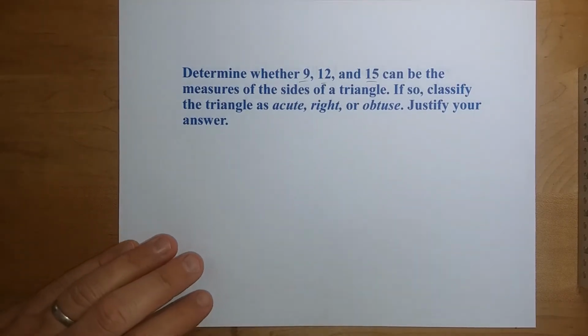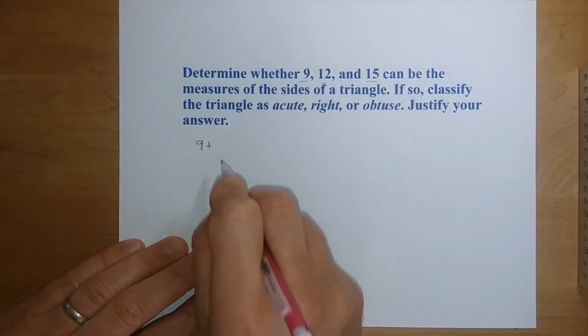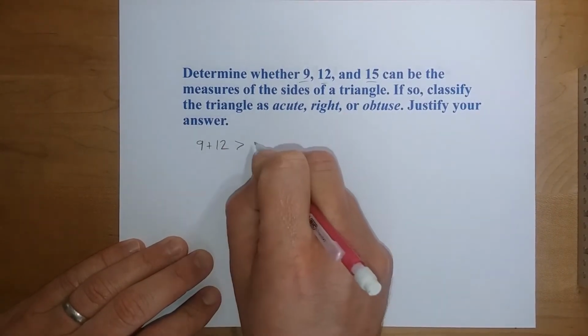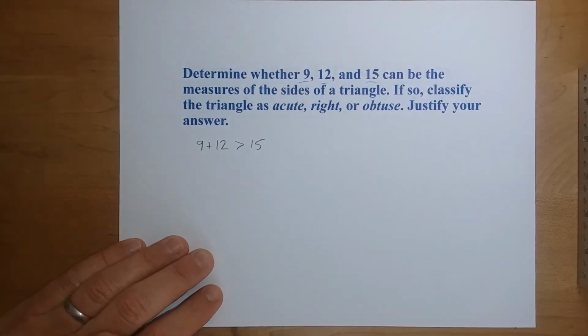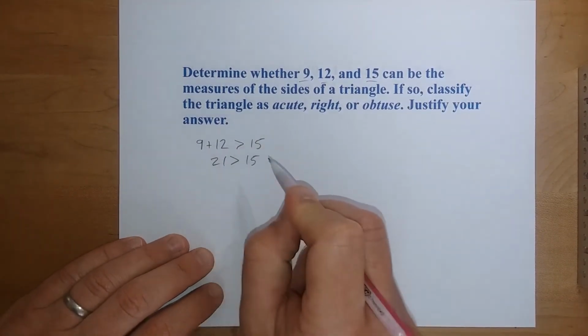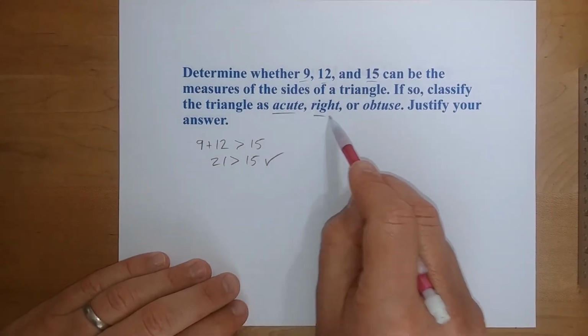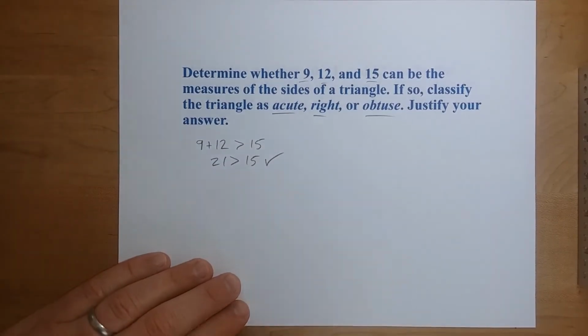From chapter 5, hopefully we remember that the two shortest sides must add up to more than the longest side. And in fact, here we can see that yes, we can make a triangle out of 9, 12, and 15. Now we can check to see which one of these it's going to be.